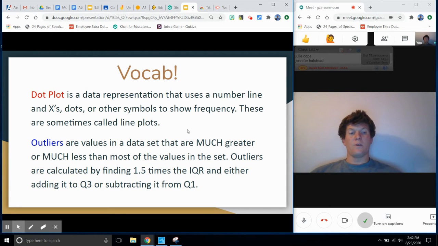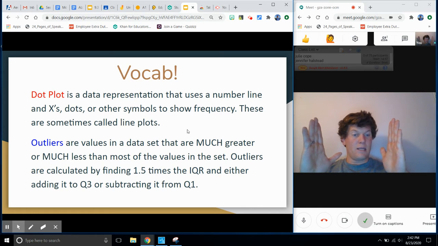Now, the outliers that we're going to be calculating today, these are values in a data set that are either much larger or much smaller than most of the values in the set. This has a couple of steps to calculate to make sure that they are outliers, but you calculate them by taking the IQR, multiplying it by 1.5, and either adding it to Q3 or subtracting it from Q1.